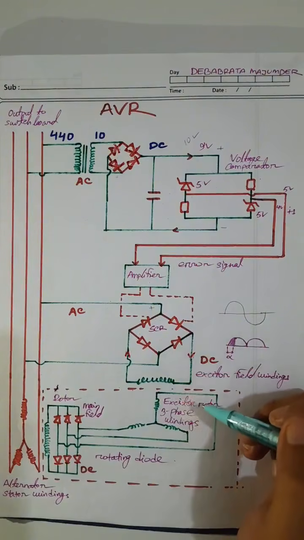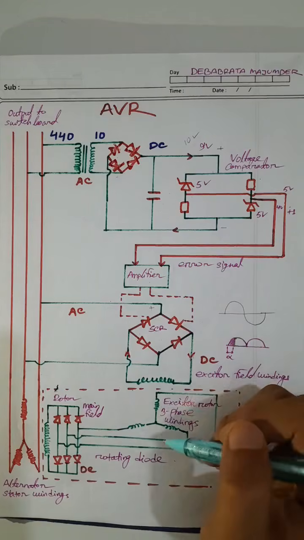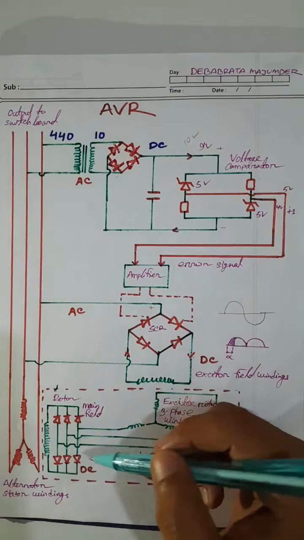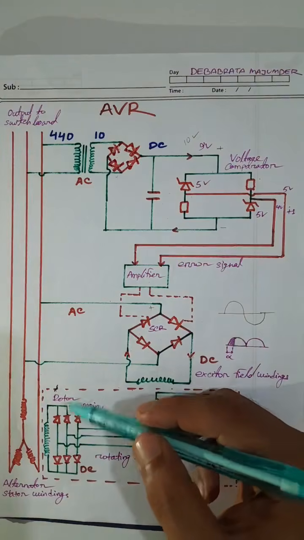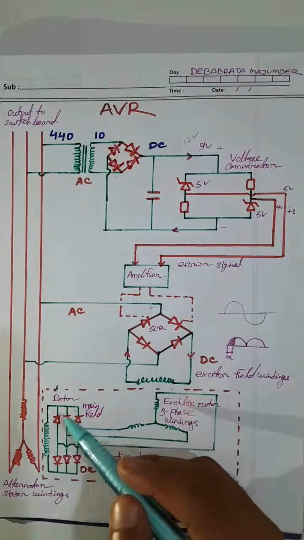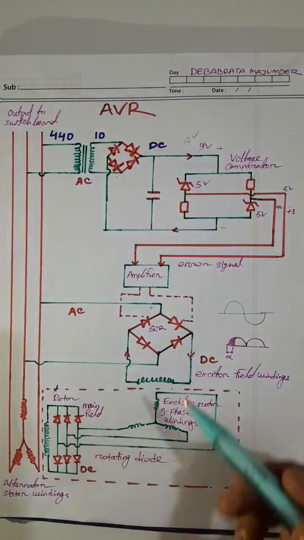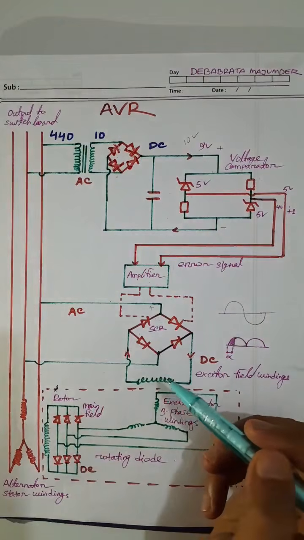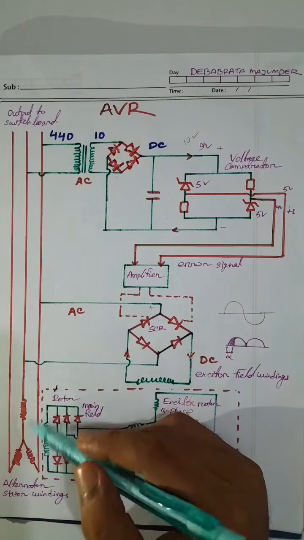This is the exciter rotor 3-phase windings, and after that these are the rotating diode and rotor windings. Those whole things are rotating, and this is stationary, and this is also stationary.